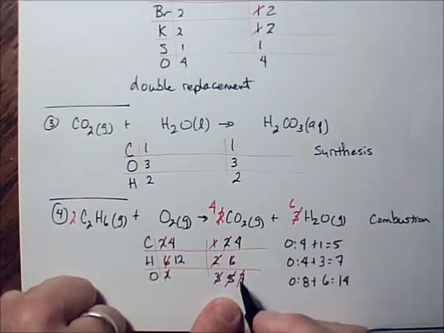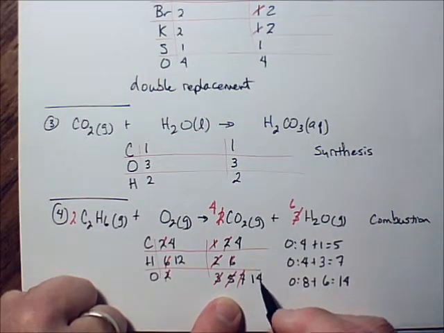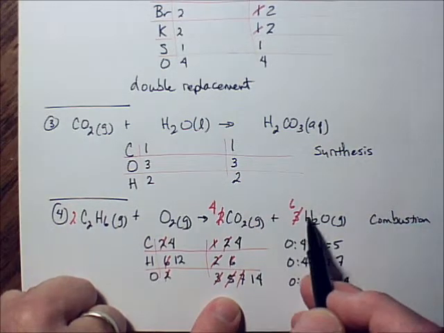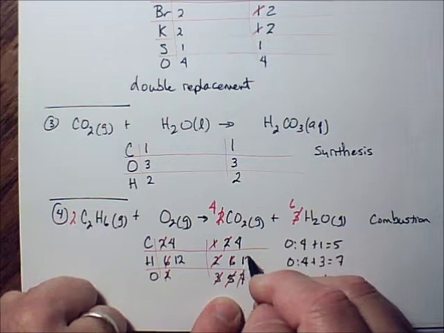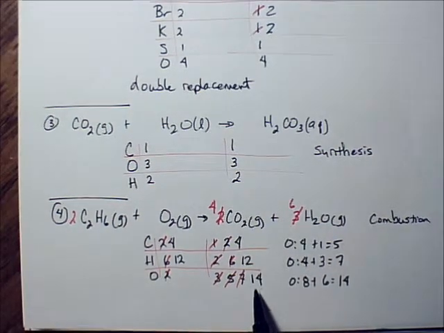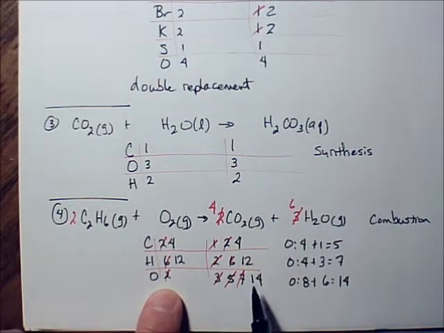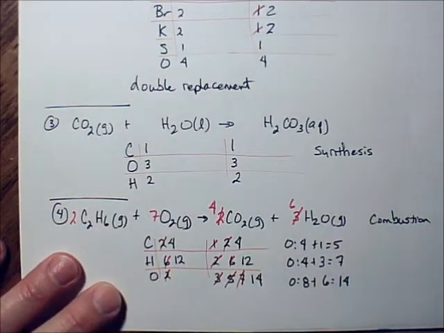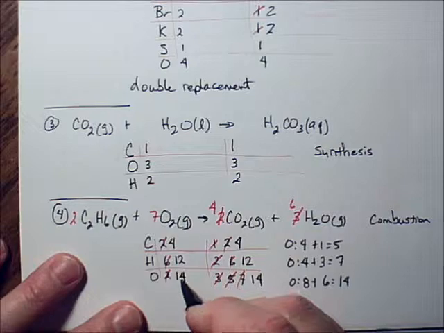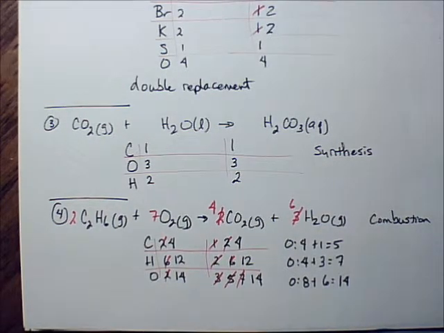So that's 14 oxygens on the right hand side. And over here, the hydrogens, we've got 6 times 2, or 12 hydrogens. And now when we look at how to balance the oxygen, it's a little bit easier because if I put a 7 here, 7 times 2 is going to give me 14. And that's balanced. Got it?